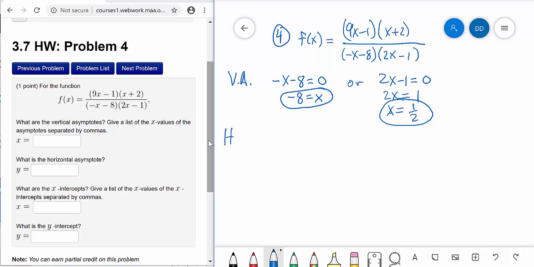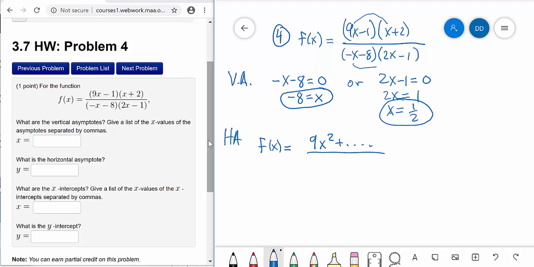Now when we look at the horizontal asymptote, we need to look at the leading coefficients of the numerator and denominator. If I multiply out the numerator, 9x times x gives me a leading term of 9x squared in the numerator.